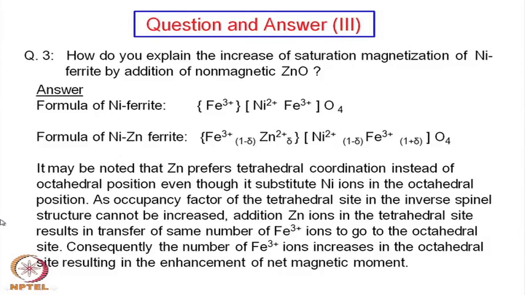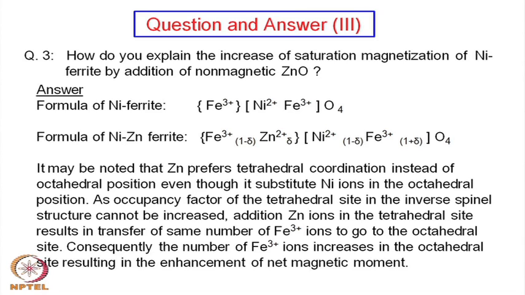And the last question, number 3, is, how do we explain the increase of saturation magnetization of nickel ferrite by addition of non-magnetic zinc oxide. Okay. In a nickel ferrite you have nickel, a magnetic material, and we expect some magnetic moment there, but when you add zinc oxide to it, that means substitute part of nickel by zinc.